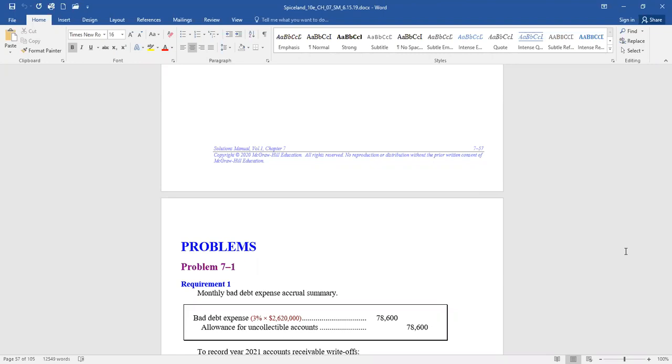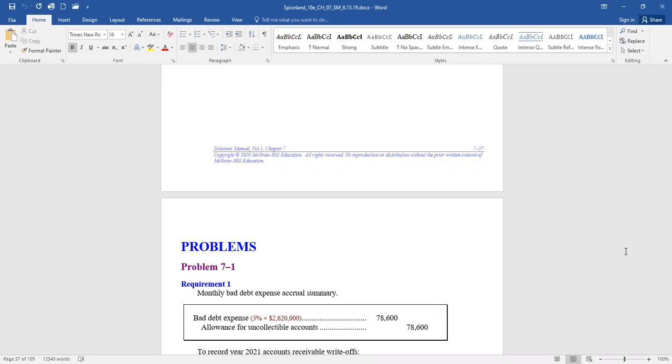Let's find the balance of the allowance for uncollectible accounts. They told us it starts with a credit balance of $54,000. Remember, it's a contra, so it has to start with a credit balance if it's a contra asset. We increased it $78,600 during the year for estimates. Then it was decreased $68,000 because of write-offs.